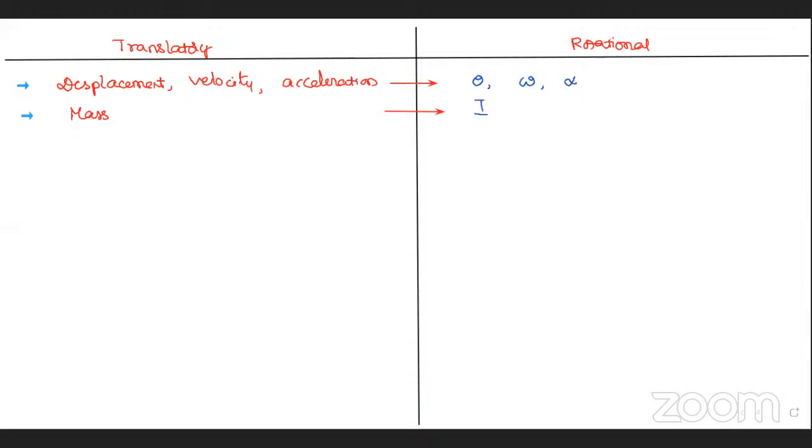Okay. And then who causes the motion? Simple. Force causes the translatory motion. Then who causes rotational motion? Yes, exactly, that is nothing but torque.